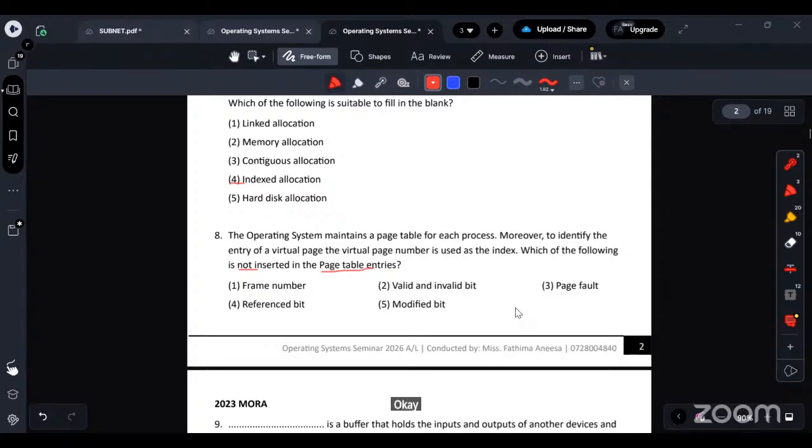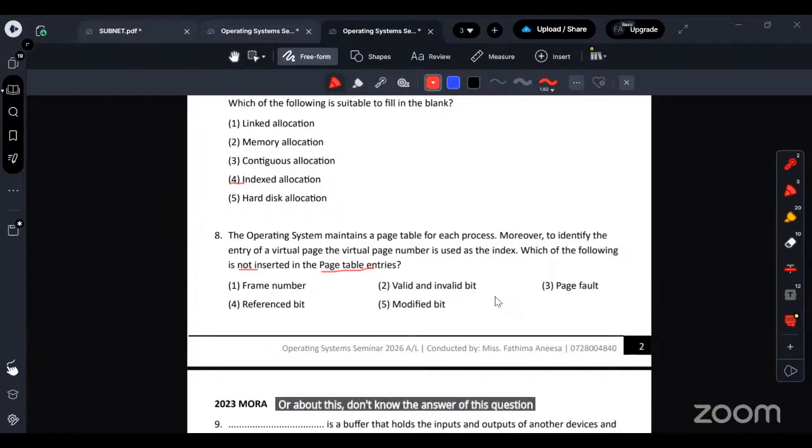What about others? Don't know the answer of this question about page table? Quickly, guys. Yes or no? What is the answer? Which of the following is not inserted in the page table entries?